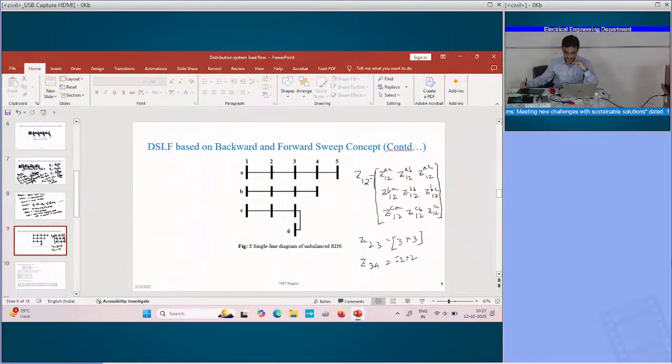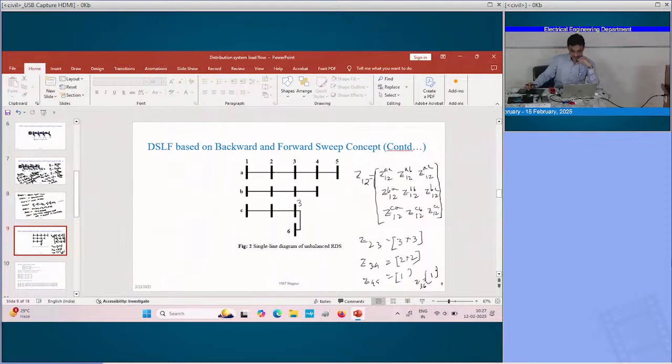But for Z45 it will be only a single element, whatever the impedance value is. And similarly for Z36, it is again a single-size matrix.